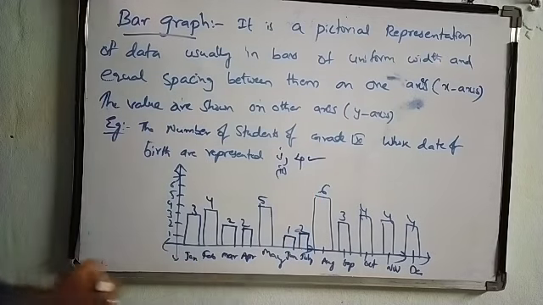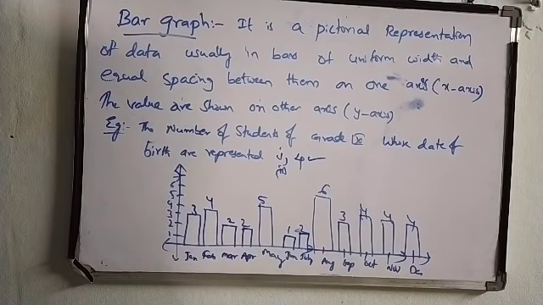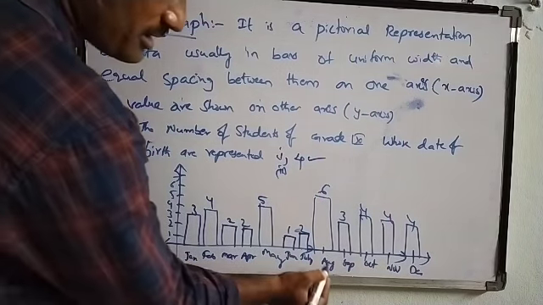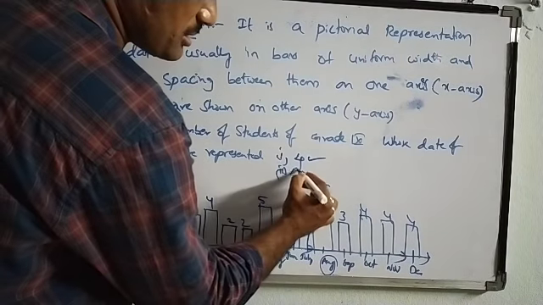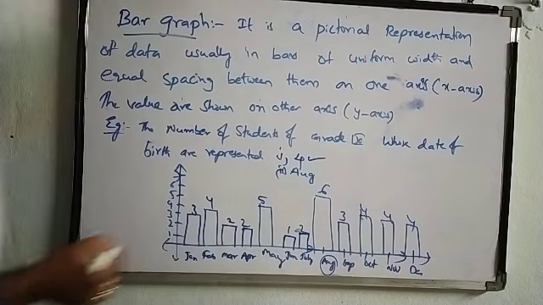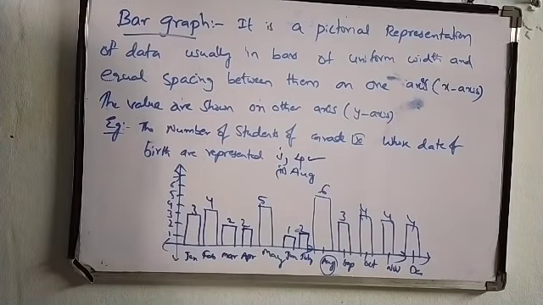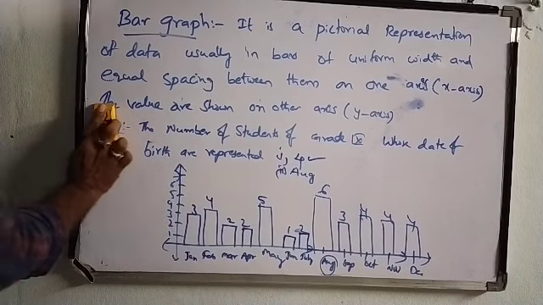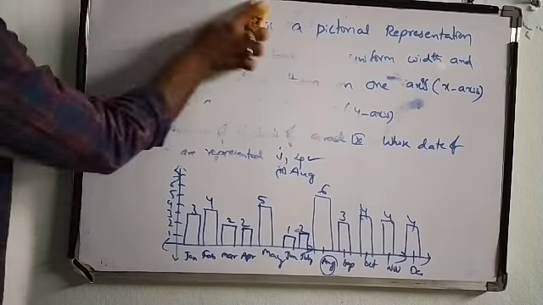Second, in which month were the maximum number of students born? Maximum number of students were born in the August month. By seeing the graph, we can identify all the answers. Next, he has given some data and we have to represent that data in terms of the bar graph.